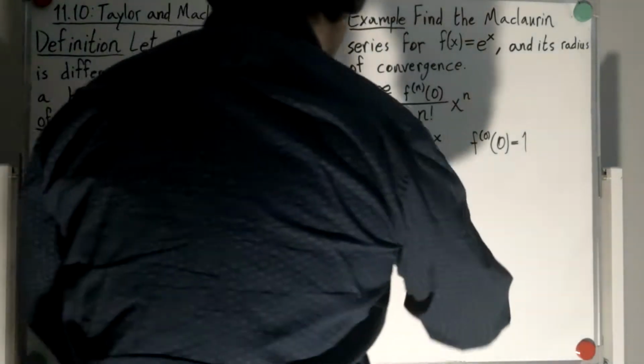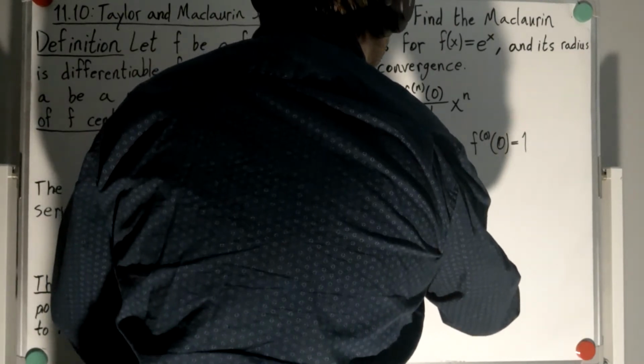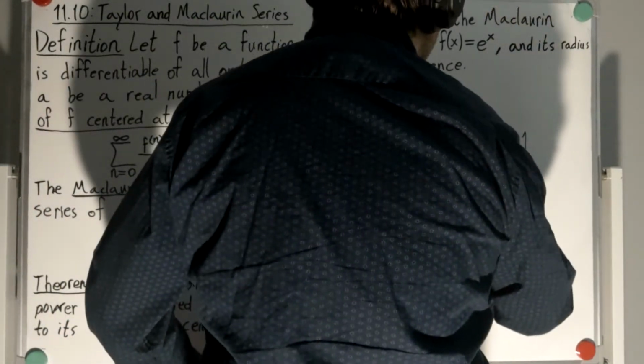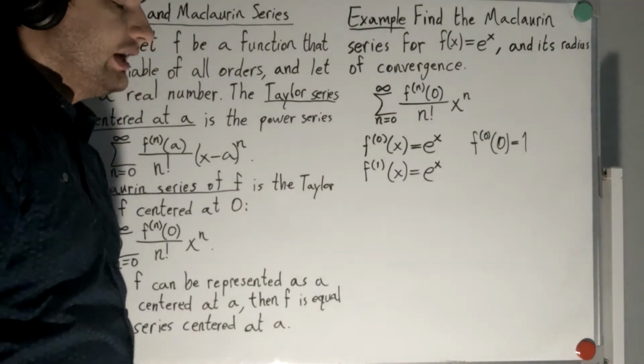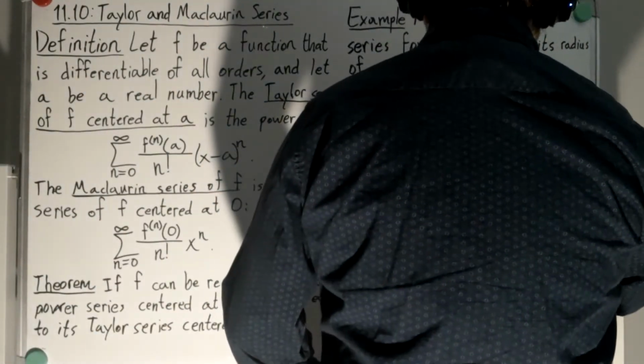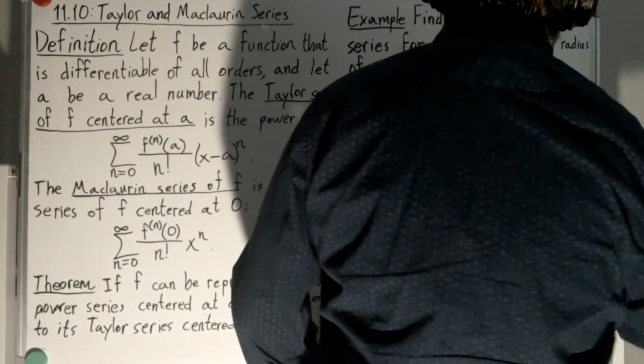Okay, now what if we take the first derivative? Well, if we take the first derivative, then this is still e to the x, because the derivative of e to the x is just e to the x. You evaluate that at 0, and once again, you get 1. So the first derivative evaluated at 0 is also 1.